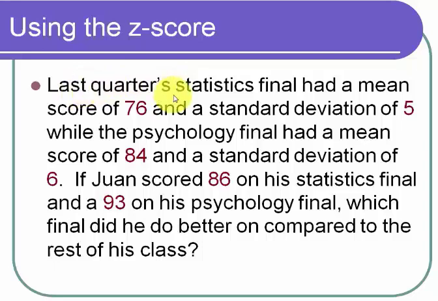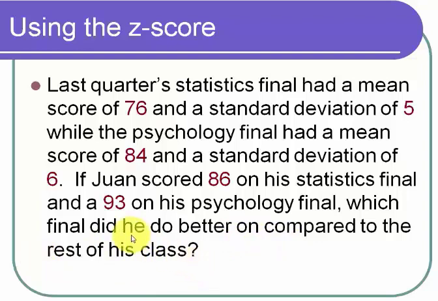Last quarter's statistics final had a mean score of 76% and a standard deviation of 5%. The psychology final had a mean score of 84% and a standard deviation of 6%. If Juan scored 86% on his statistics final and 93% on the psychology final, which final did he do better on compared to the rest of his class?